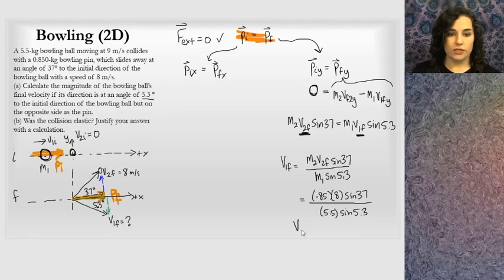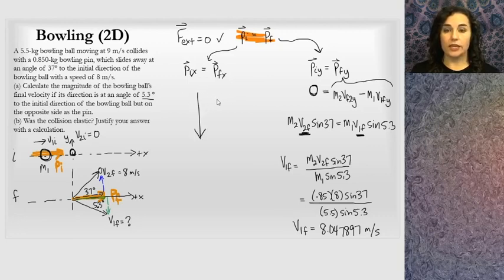When we solve this out, we get V1 final equals 8.047897 meters per second. You can see that we still have this over on this side. If you had other unknowns in the problem, you'd be able to solve for something down here. But we were given enough in this problem to solve.